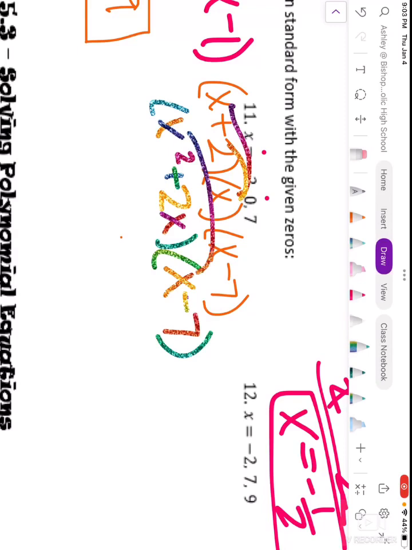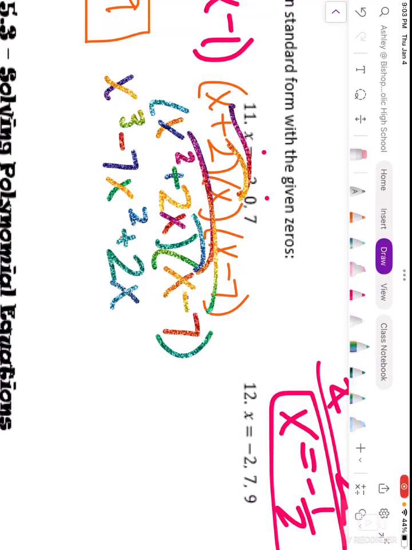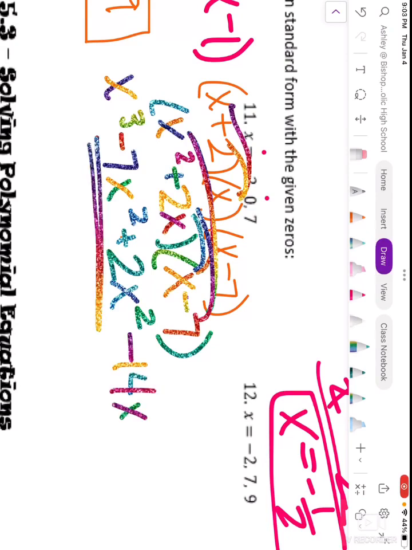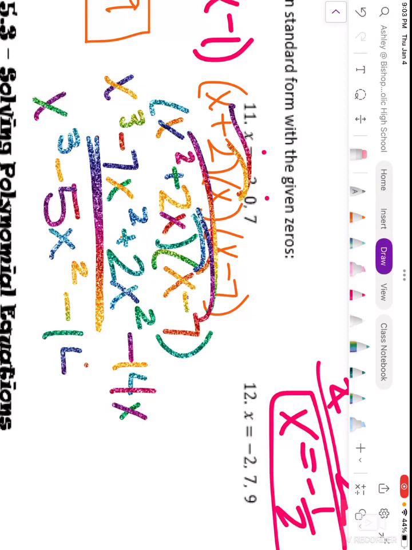First, which would be x cubed. Outside, negative 7x squared. Inside would be plus 2x squared. And then last, minus 14x. And then we can combine our terms here. So we have x cubed minus 5x squared minus 14x, and that is our final answer.